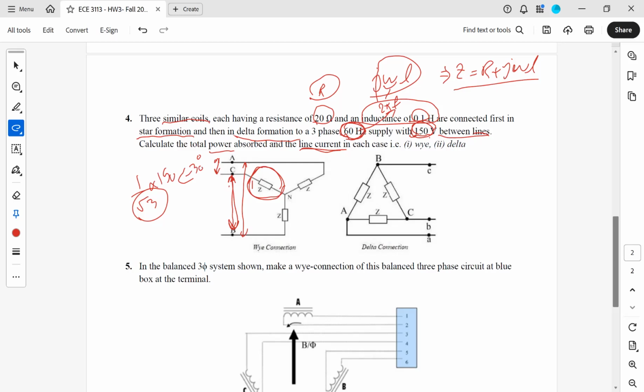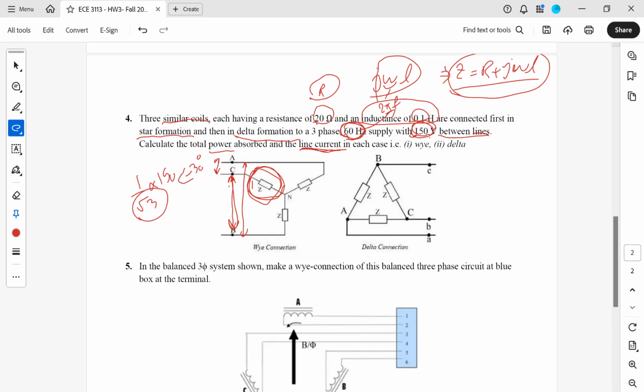Okay, now that we have the voltage across this phase and we found the value of Z, we can calculate the current by Ohm's law. Since it's a star connection, we know that the line current is the same as the phase current. So whatever current we have for the phase is going to be the same for the line.